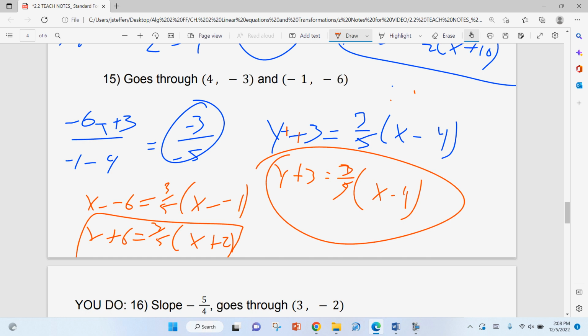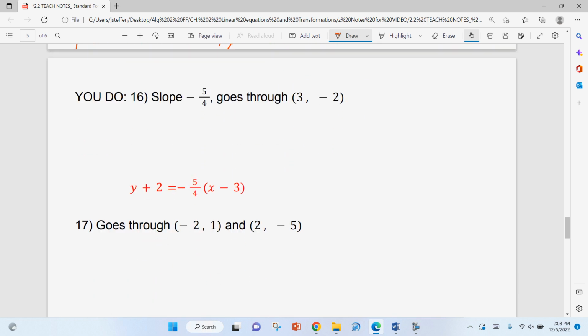And I said 2, and it's supposed to be a 1. Okay, the next one. Again, do this one on your own. Hit play. Y minus negative 5 over 7. Oh my goodness, I'm messing that all up.